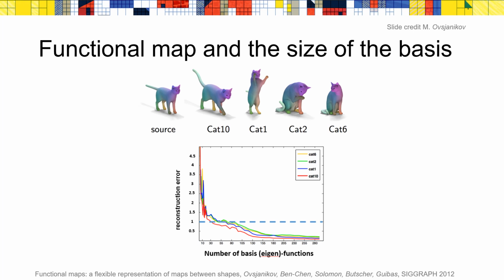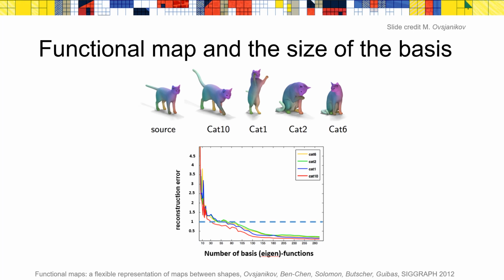As you can see, when we add more and more eigenfunctions, the error decreases very quickly, and only when we reach 200 eigenfunctions, we have a very small error.